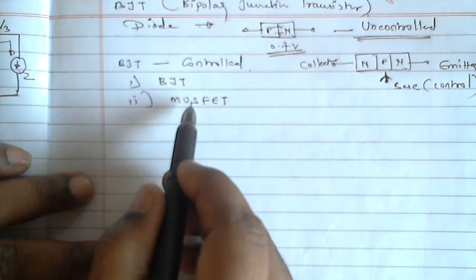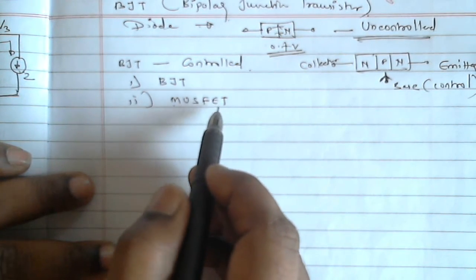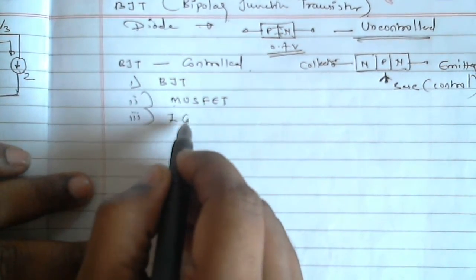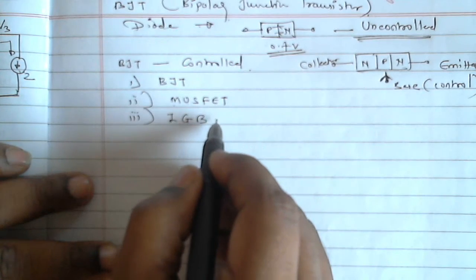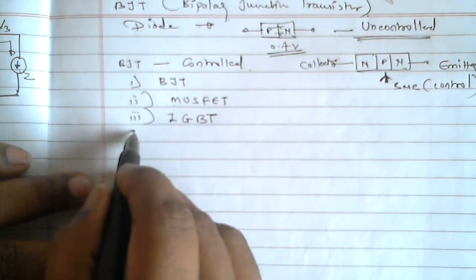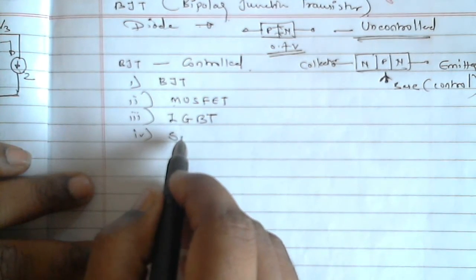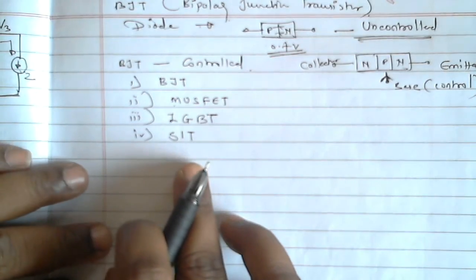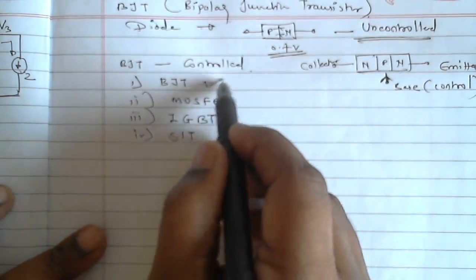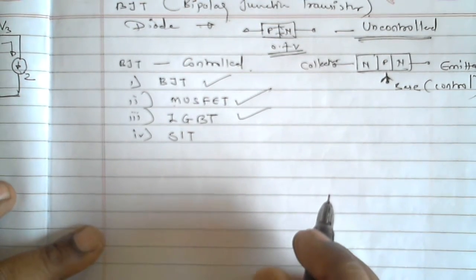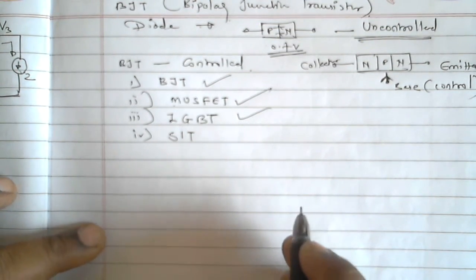Third is the insulated gate bipolar transistor, IGBT. Fourth is the static induction transistor. These are the four types. For your syllabus we study BJT, MOSFET, and IGBT. Right, now let's start BJT.